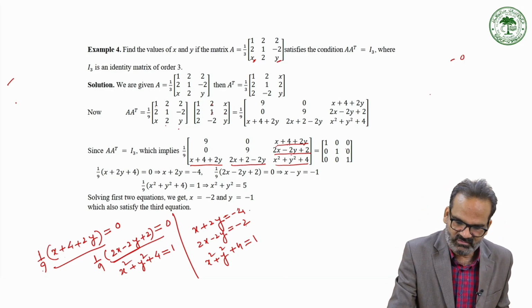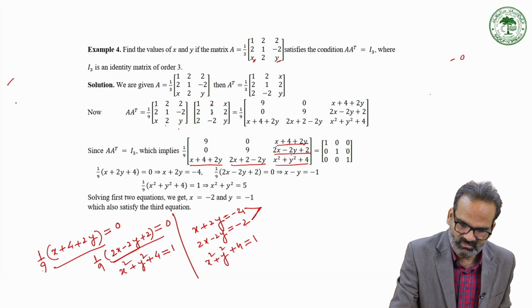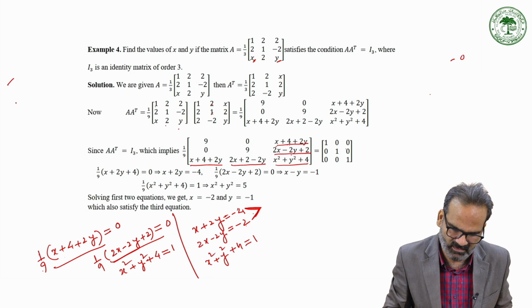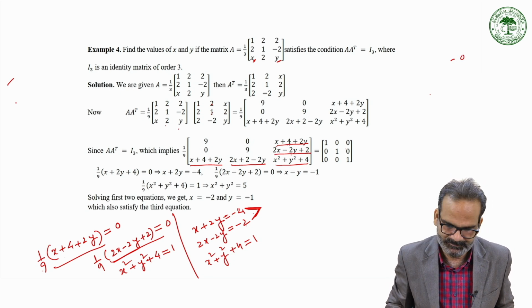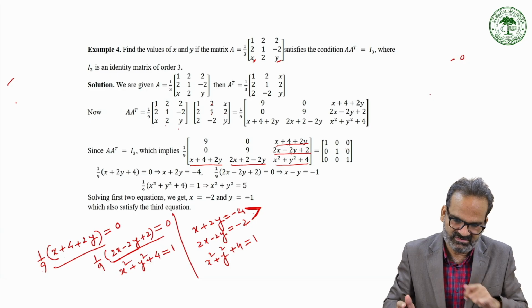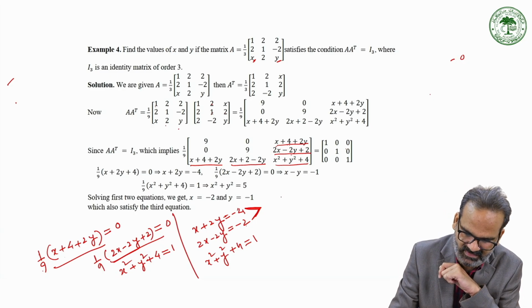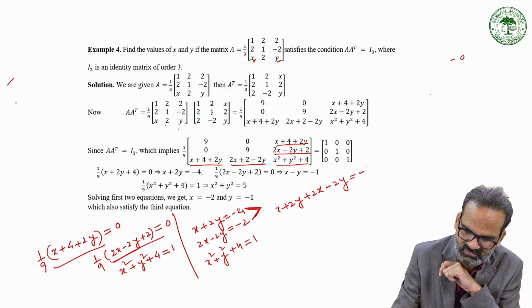Now solve equation 1 and equation 2 to find out the values of x. How will you find the value of x? If you simply add equation 1 and equation 2, see what will happen. x plus 2y plus 2x minus twice y is equal to minus 4 minus 2, which is minus 6. The y terms cancel out. Twice x plus x, 3x is equal to minus 6.